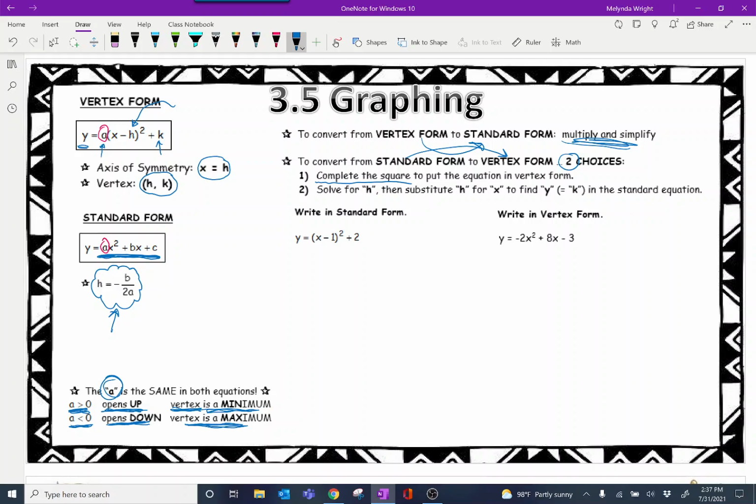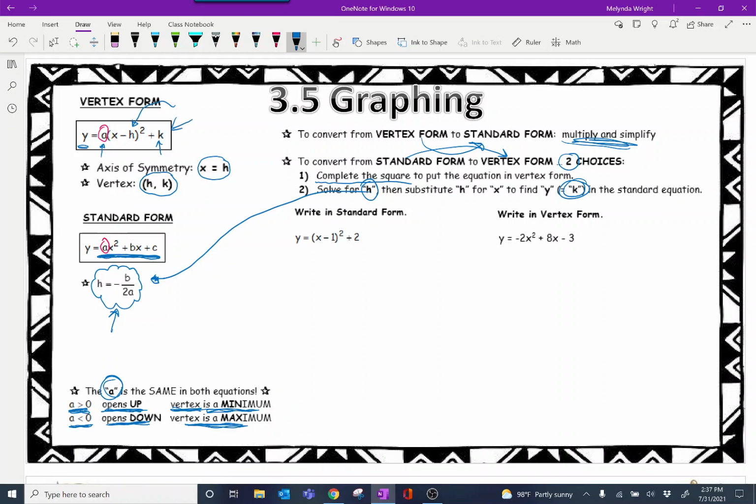You do have another option, and that would be to find h, which is right here. Find h, then substitute h in for x into your original equation to find the y value, which is k, and then you just write it in this form.